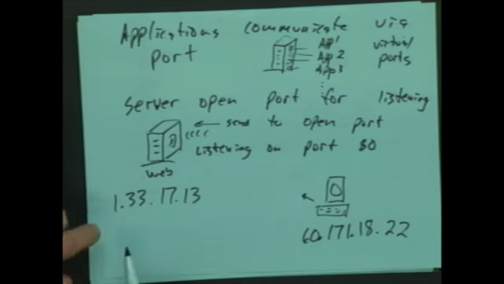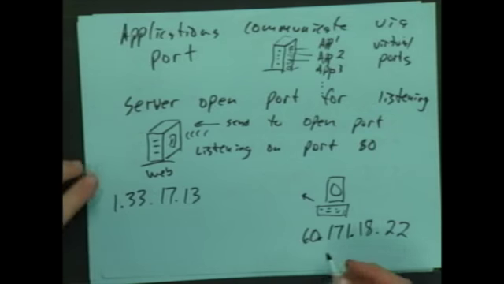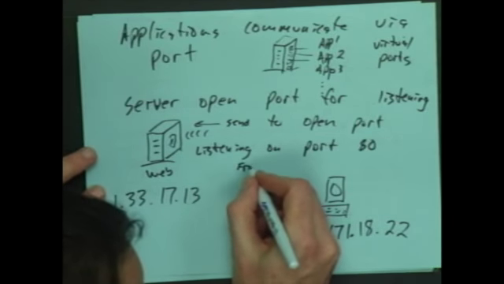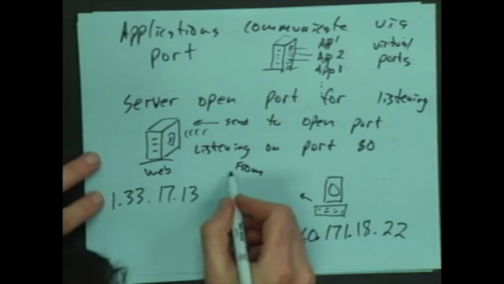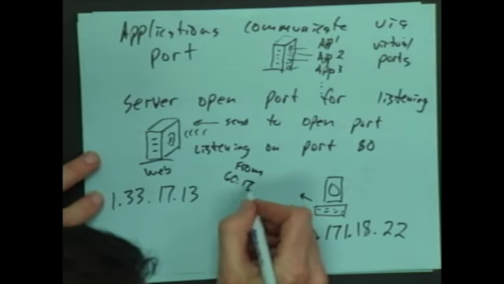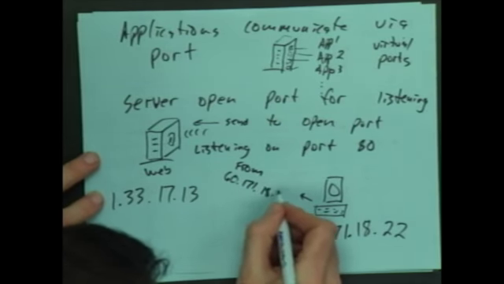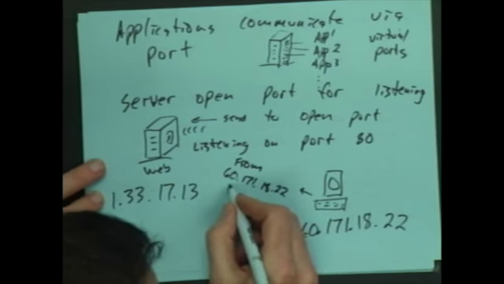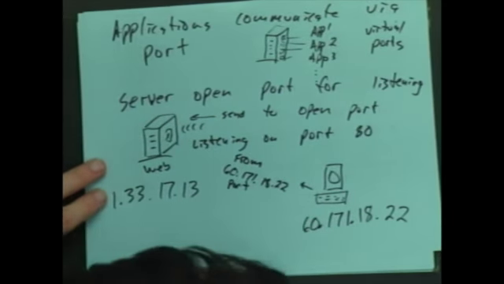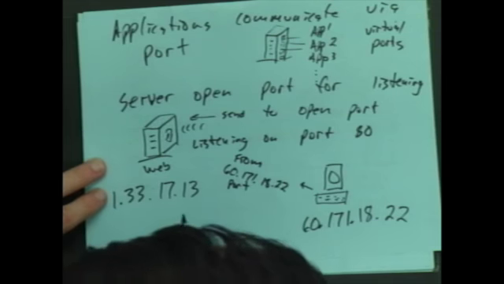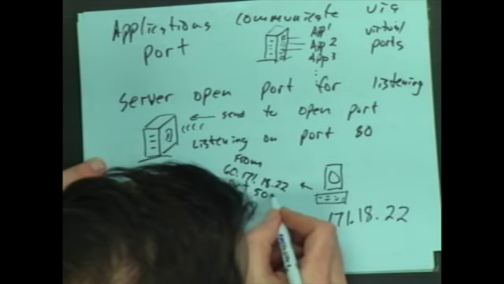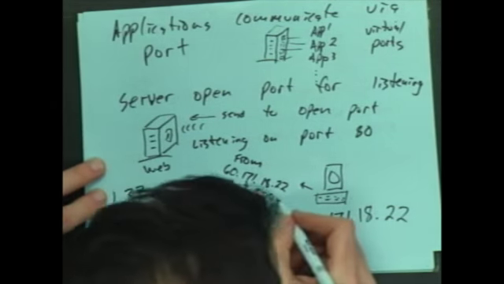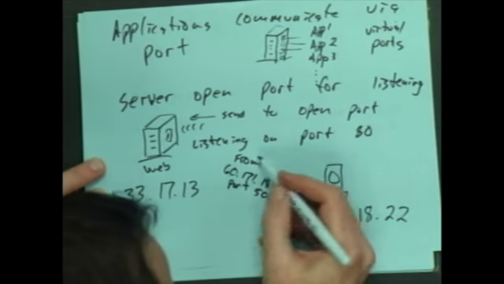But now we need to know the port number, because that's the specific application I'm going to. So I'm going to say from 60.171.18.22, and I'm going to pick a more or less random port number, 50047, okay?